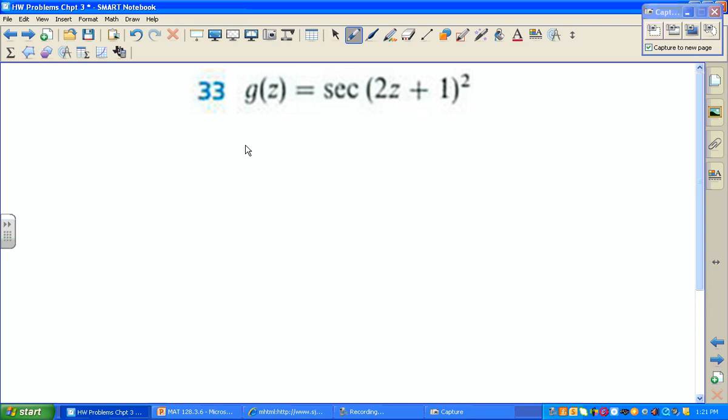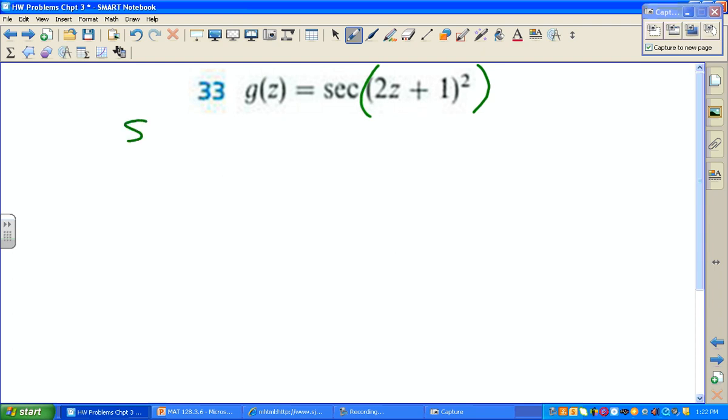To take the derivative of z, this one is different than what you're thinking of as far as a squared. The squared goes with the 2z plus 1, not with the secant, because of where it's written. So you have actually an extra set of parentheses around the squared.